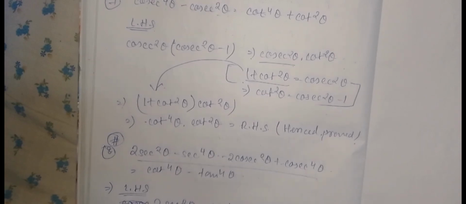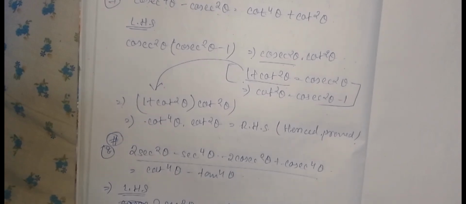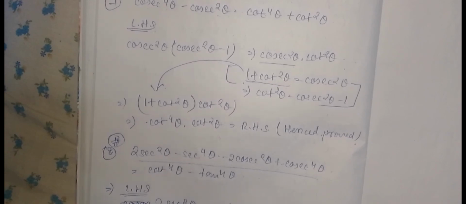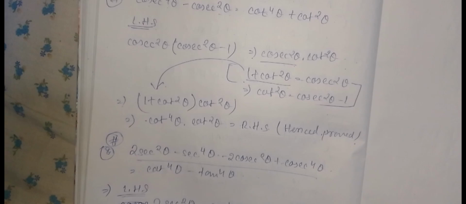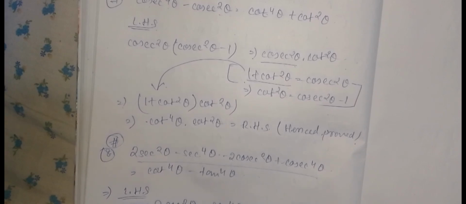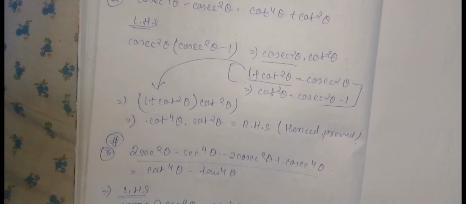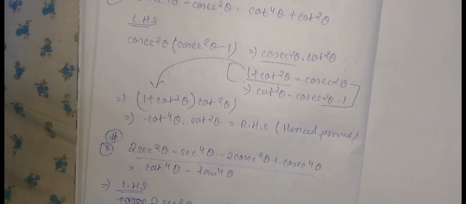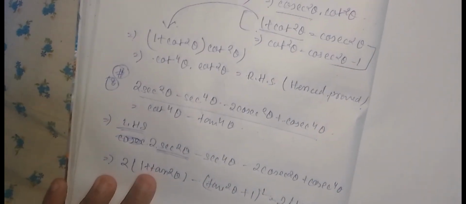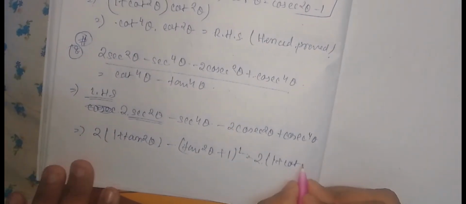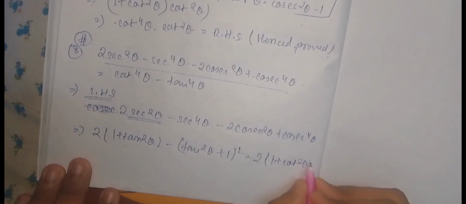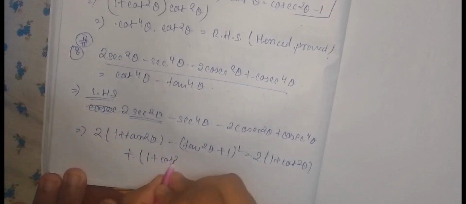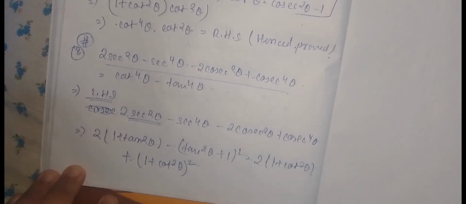We can write sec square theta as 1 plus tan square theta, so 2 times (1 plus tan square theta) minus (tan square theta plus 1) whole square minus 2 times (1 plus cot square theta) plus (1 plus cot square theta) whole square, right?